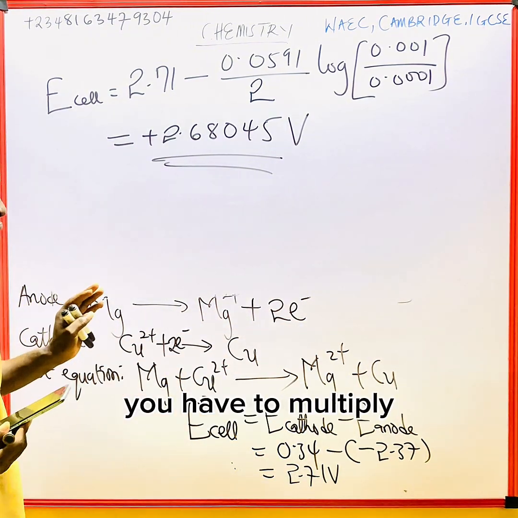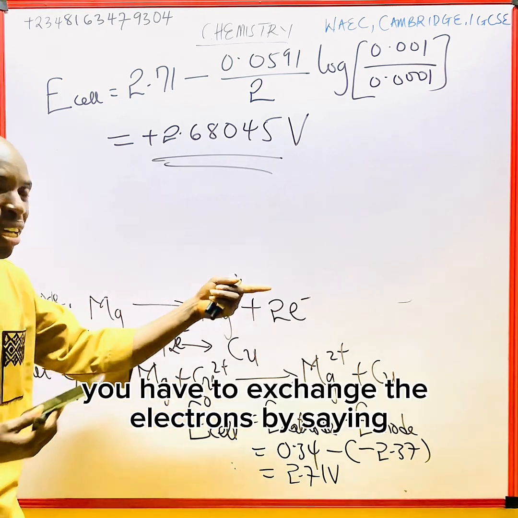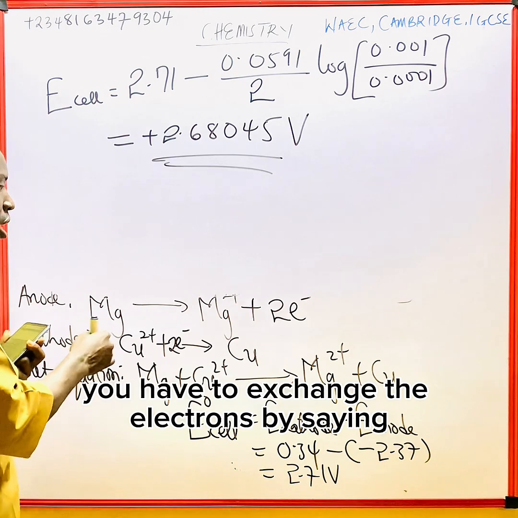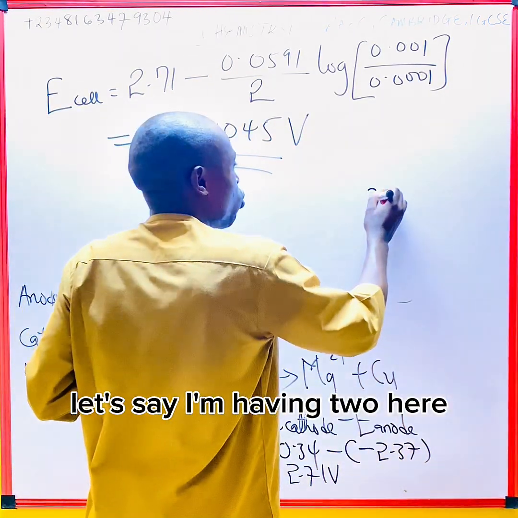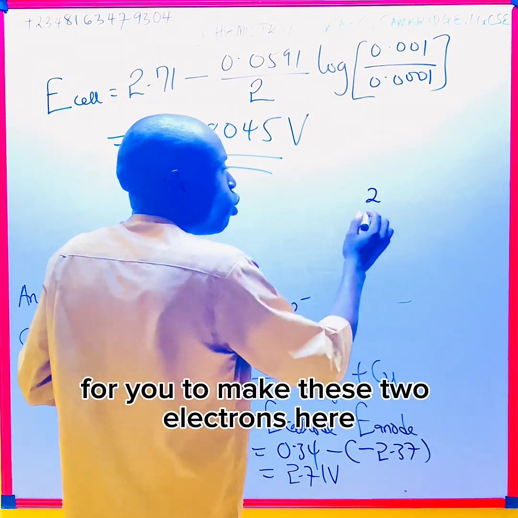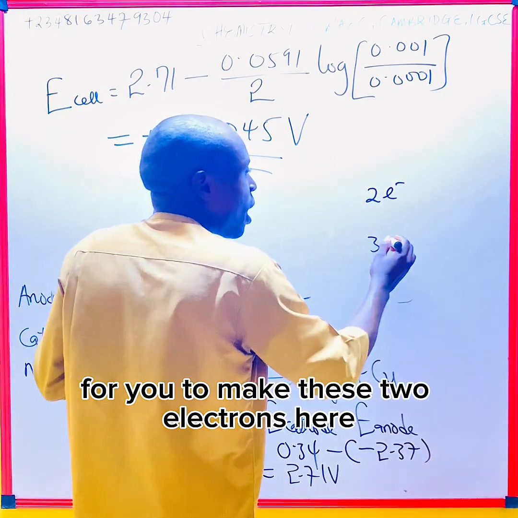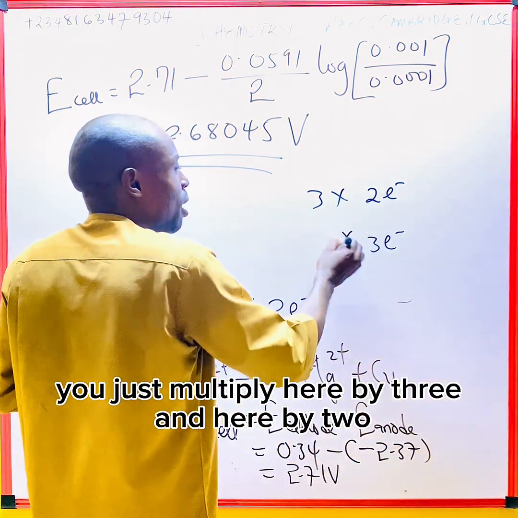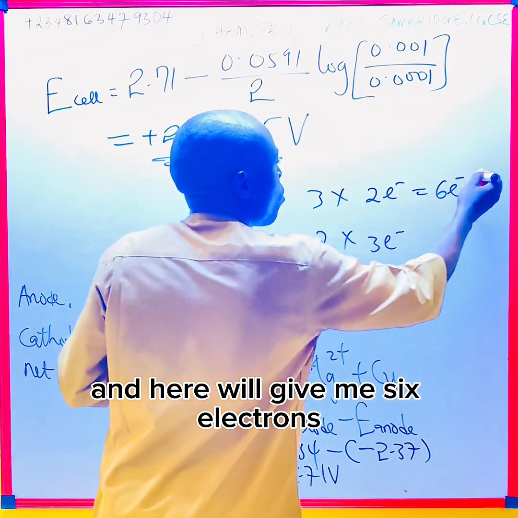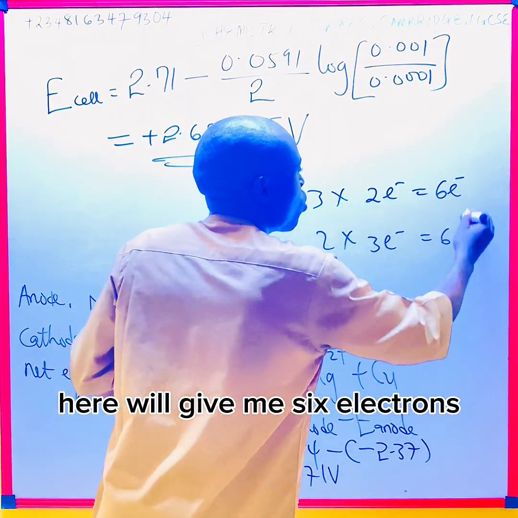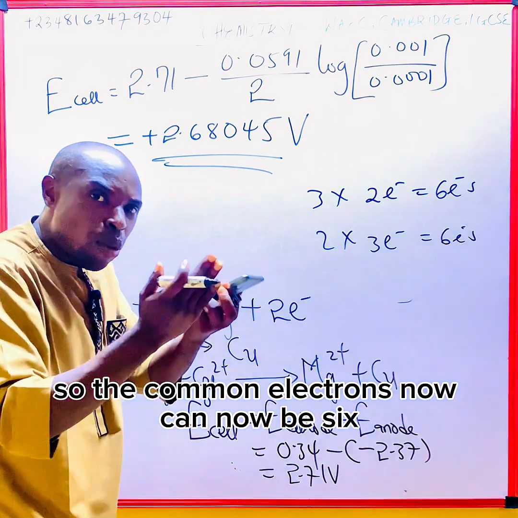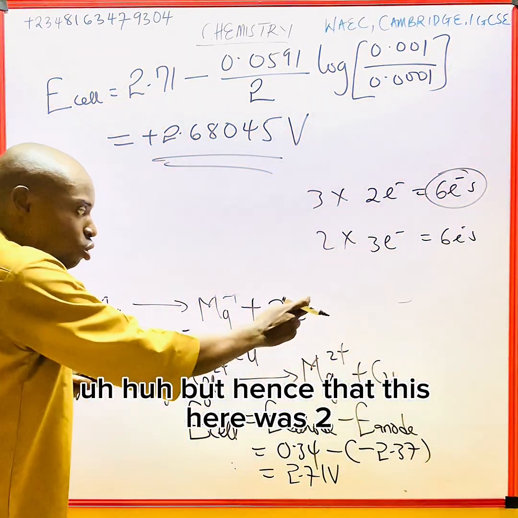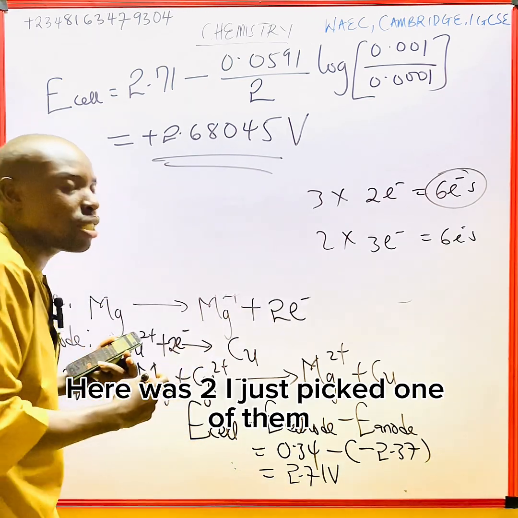You have to exchange the electrons: if I'm having 2 here and 3 here, to make them equal you multiply here by 3 and here by 2, and each will give 6 electrons. So the common electrons would be 6. But since this here was 2 and here was 2, I just picked one of them.